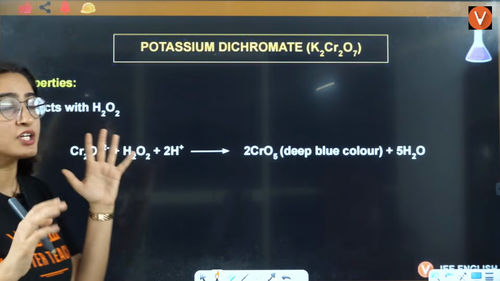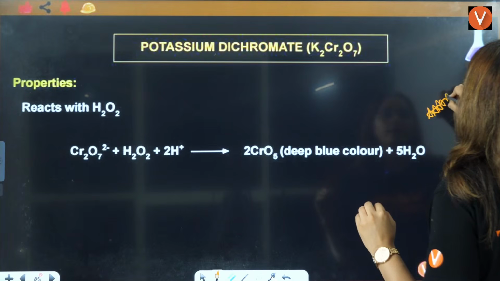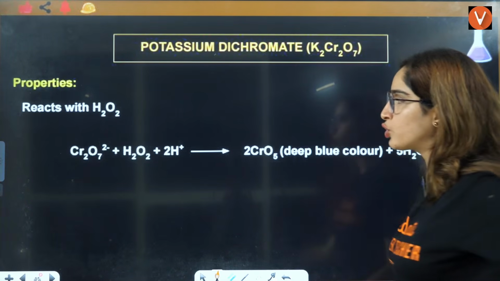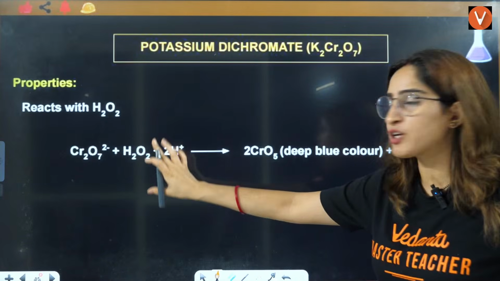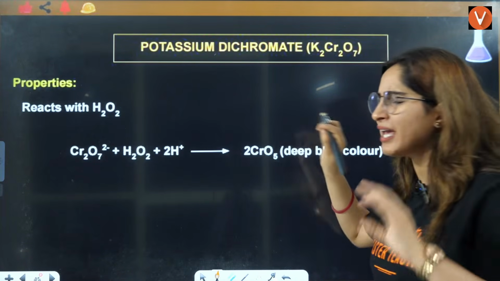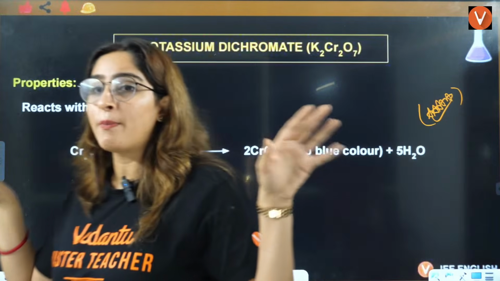Now, the reaction with H2O2, again very important. If you see here, with H2O2, potassium dichromate is directly converted to a very beautiful compound, like a butterfly structure.